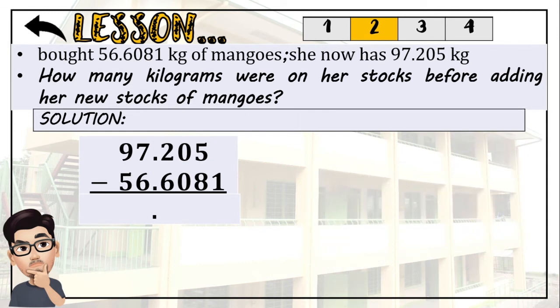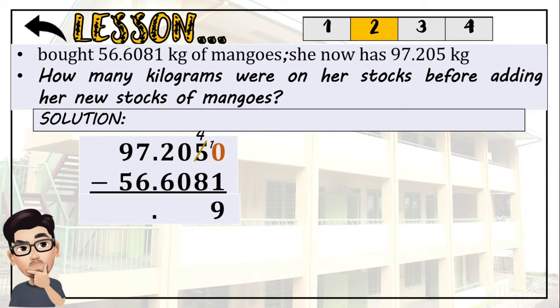So una muna, since there's a space, we will have to put 0 there. Then we proceed to subtraction. Okay, so 0 minus 1, this cannot be. We have to borrow 1 from 5, and 5 will become 4, and 0 will become 10. Now we can subtract it. 10 minus 1, that's 9.